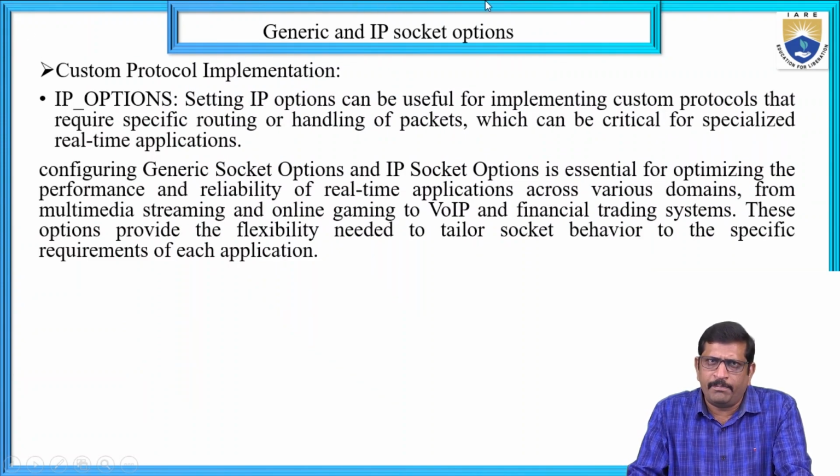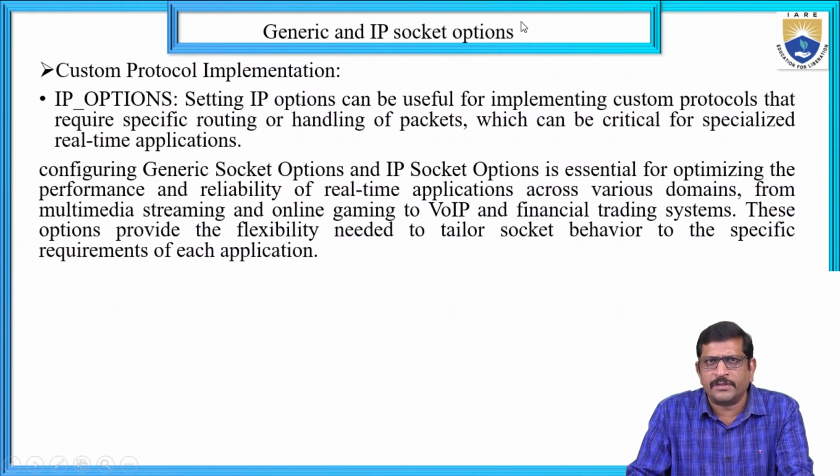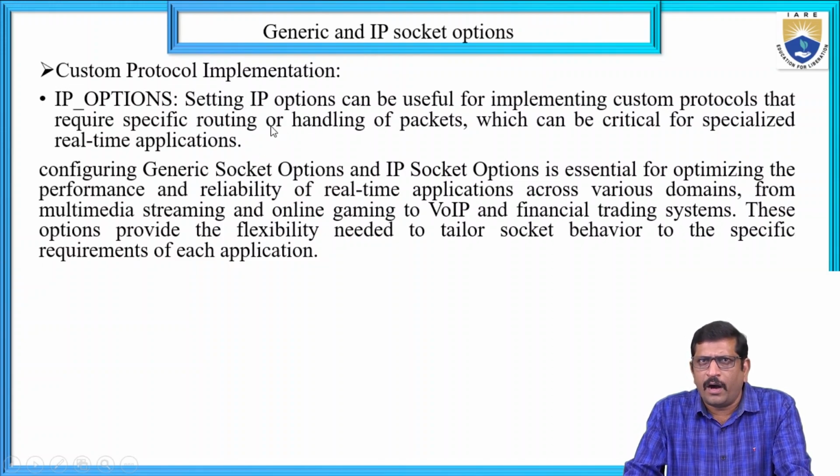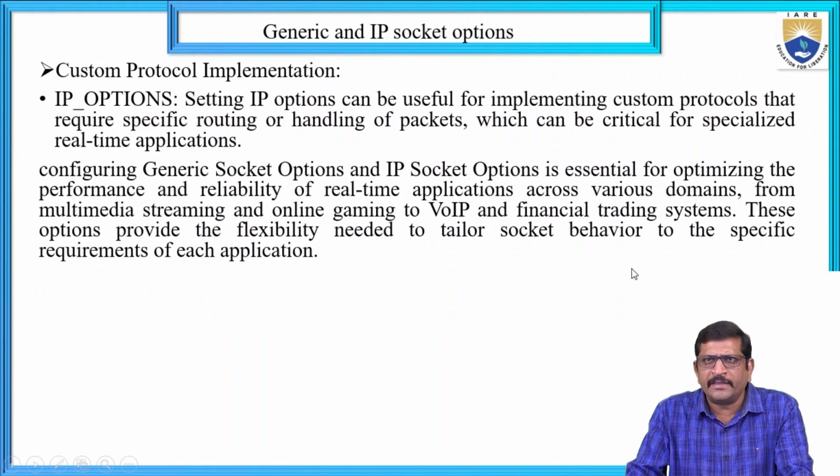Custom protocol implementation. Here, IP options, Internet Protocol socket options. By setting IP options over the network, it can be useful for implementing custom protocols and user protocols that require specific routing.